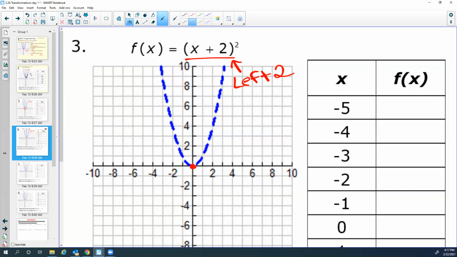So here's my coordinate here. It's going to go left 2. So now my vertex is here at -2, 0. And then I had a coordinate here at +1, +1. It goes left 2, and so now it's at -1, +1. And then I had a coordinate at -1, +1. It moved left 2, and now it's at -3, +1.